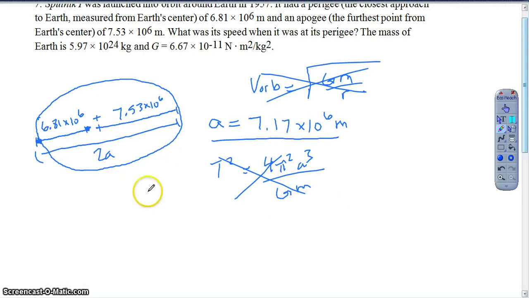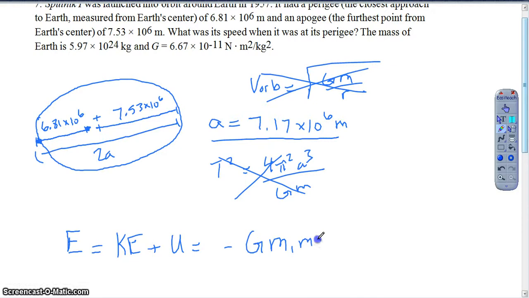Because if I can find the total energy at one point, I know the total energy everywhere. So if I can find my total energy at this location of a, which I can do, this goes back to how do I find the total mechanical energy for an elliptical path? Well, the total energy equation, the one that we derived by using kinetic energy and potential energy, when we represented all of these in terms of G, M1, and M2, and then r, we ended up getting negative G M1 M2 all over 2r.